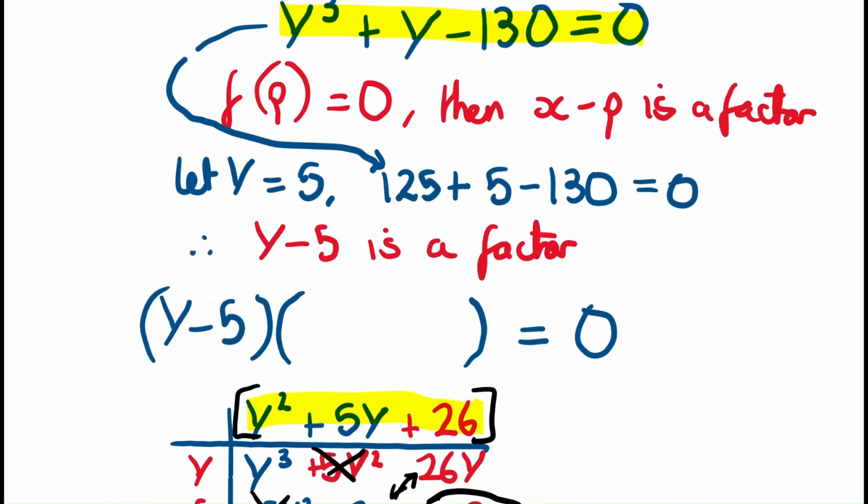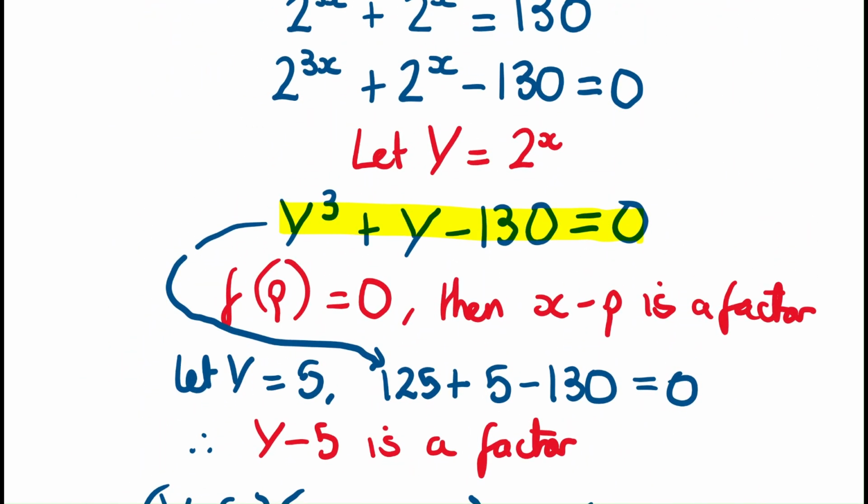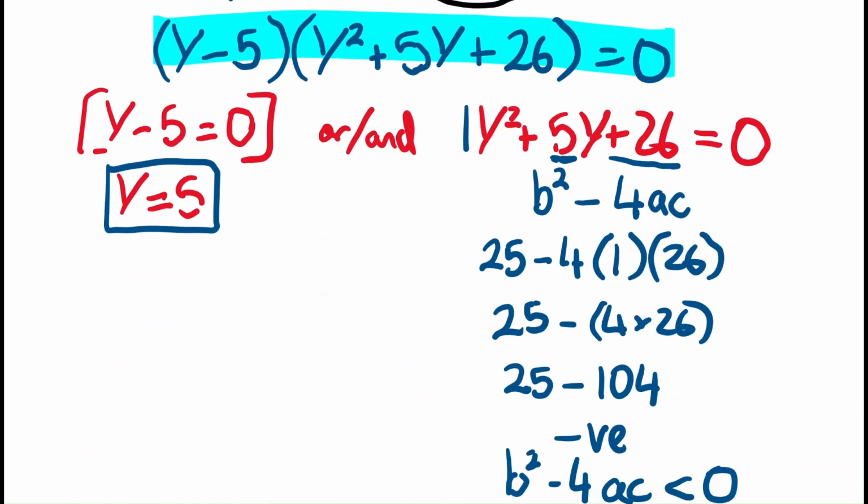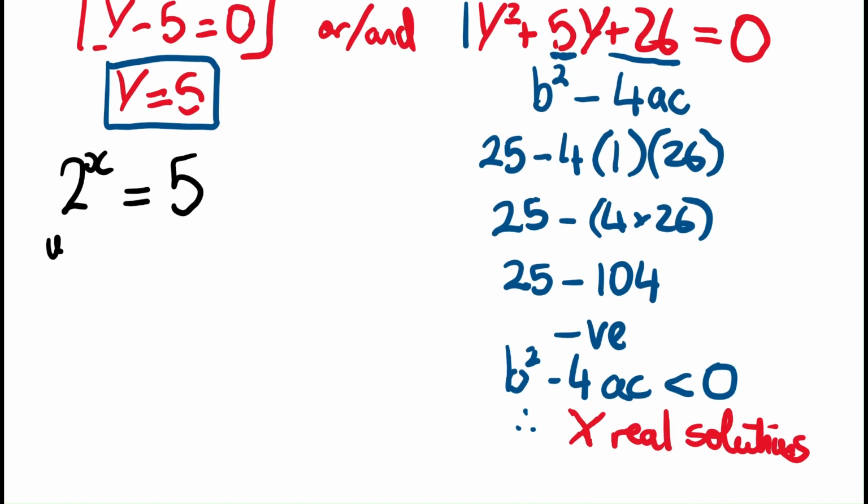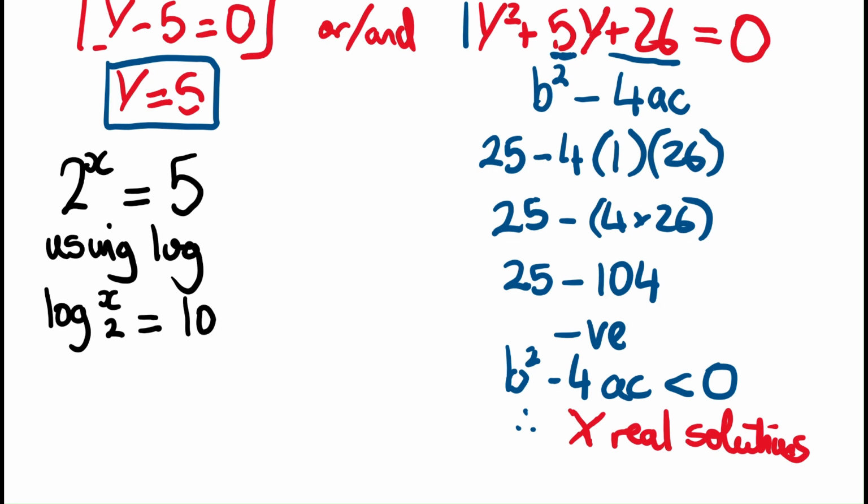But from before, we know that we substituted 2 to the power of x as y, so now we can solve that. So we know that 2 to the power of x is equal to y, which is just 5. And now, using logs, we know that x log 2 is equal to log 5.